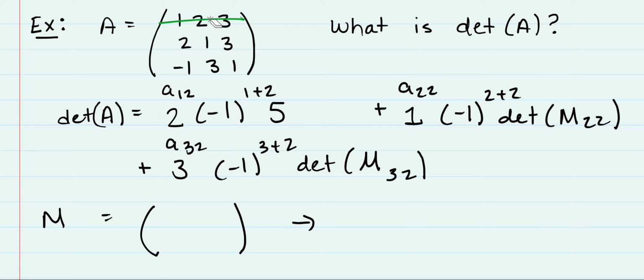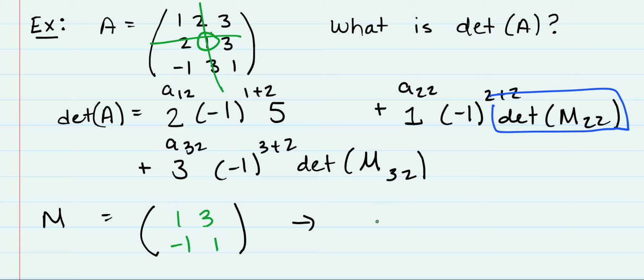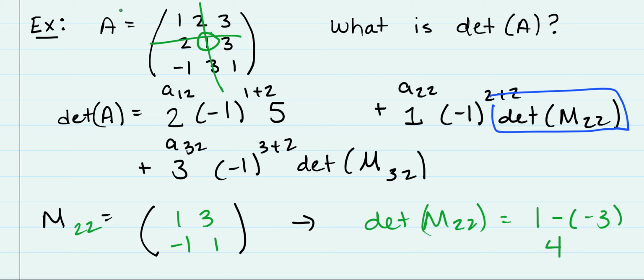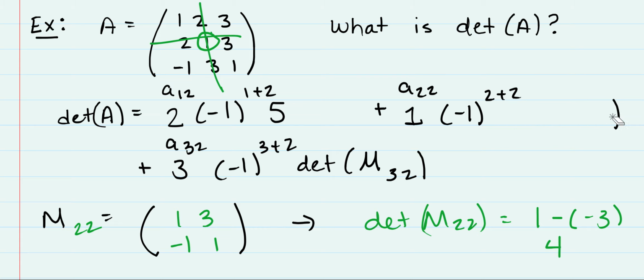Now let's find the determinant of M22. Cross out this row and this column. We're left with 1, 3, negative 1, 1. So the determinant of M22 is 1 minus a negative 3, which is 4. Erase this, put a 4 here.